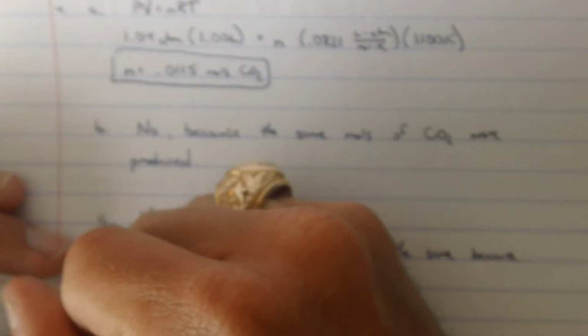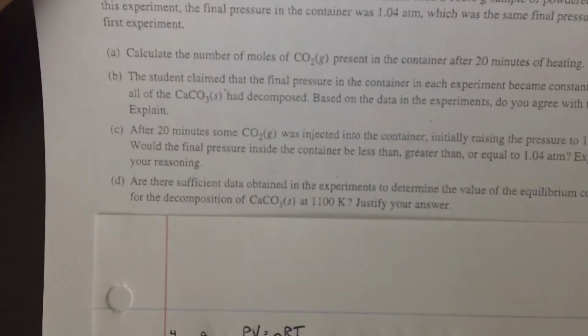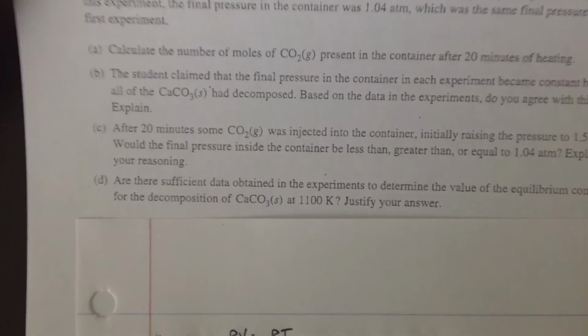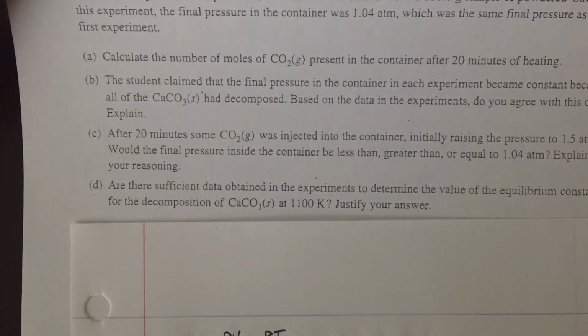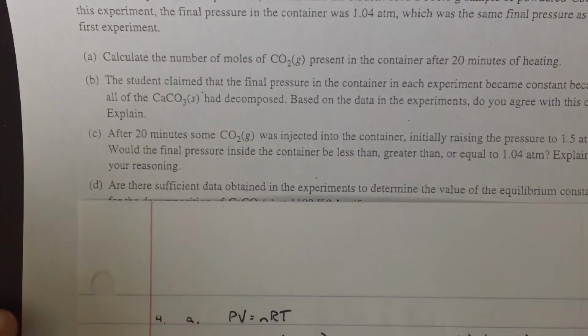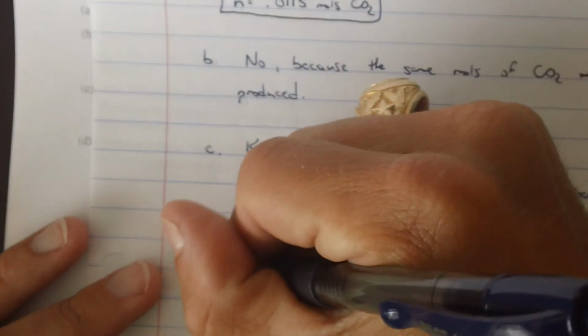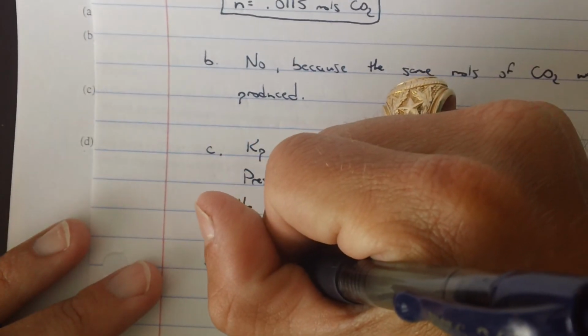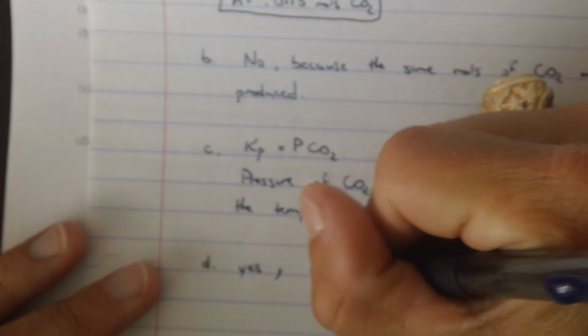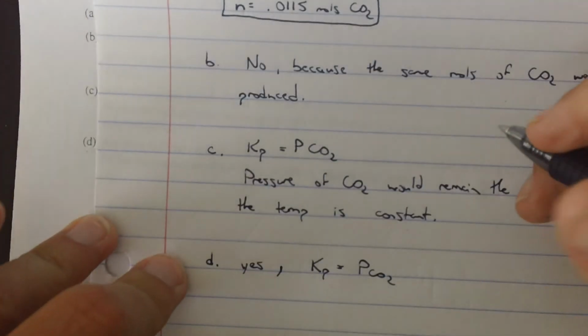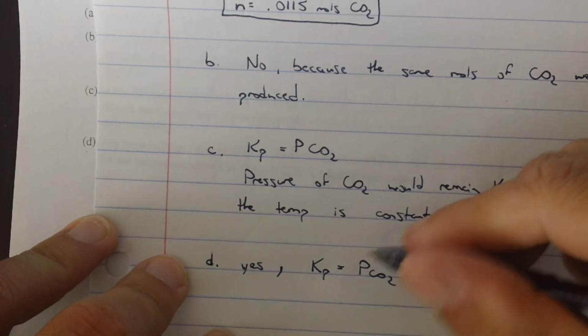And that kind of answers question D for us, because question D says, are there sufficient data obtained in the experiments to determine the value of the equilibrium constant, the Kp value, for the decomposition of CaCO3? It says justify your answer. Your answer is yes. The Kp would equal the pressure of the carbon dioxide, and that's it.